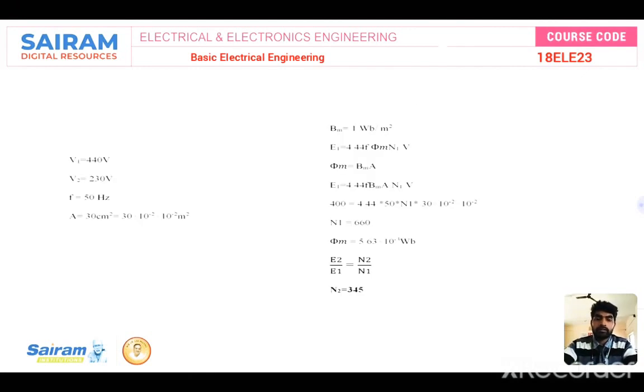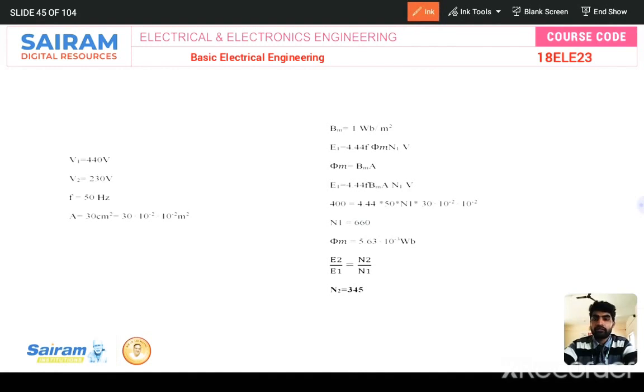Okay, once again revision. V1 is 440 and V2 is 230, frequency 50 Hertz, area 30 centimeter square, and maximum flux density 1 Weber per meter square. E1 is equal to 4.44 f phi m N1 volts.